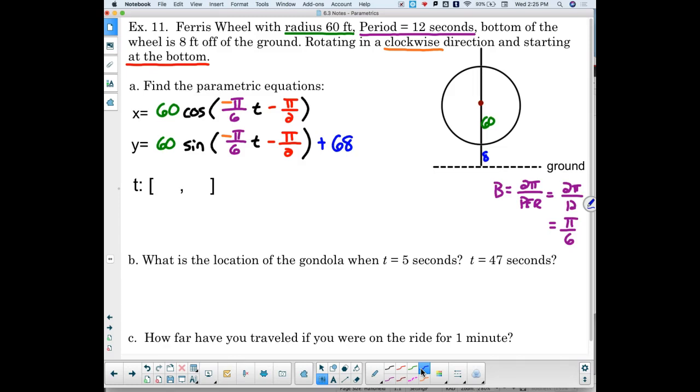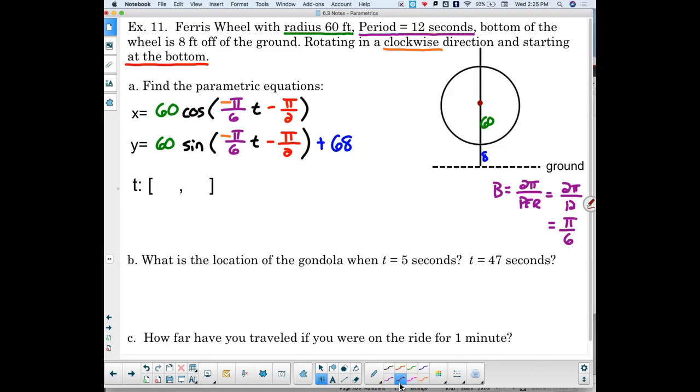Now, type those into your calculator. Actually, before we type that in, we should find our t values. Where are we going to start putting t's in? What number are we going to start with?